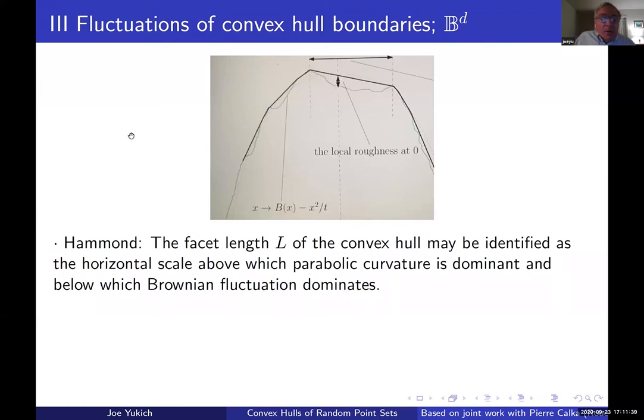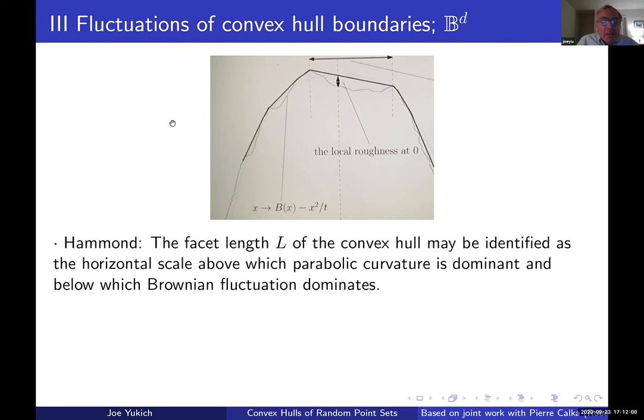And the facet length, or the length of the edge of the convex hull, which we're calling L, this facet length can be identified as the horizontal scale above which the parabolic curvature is dominant and below which the Brownian fluctuation dominates.